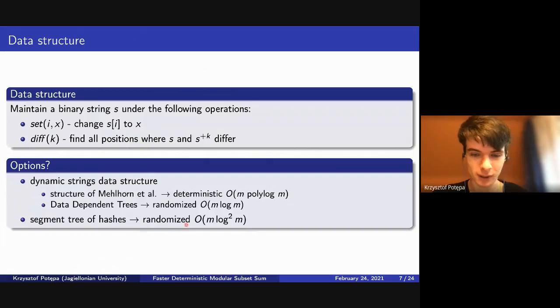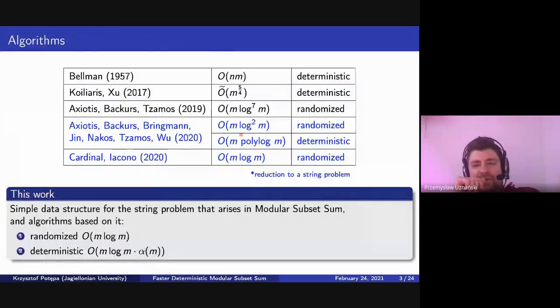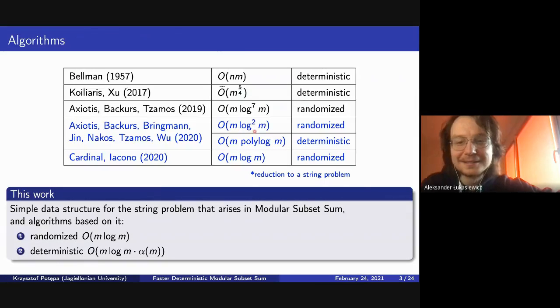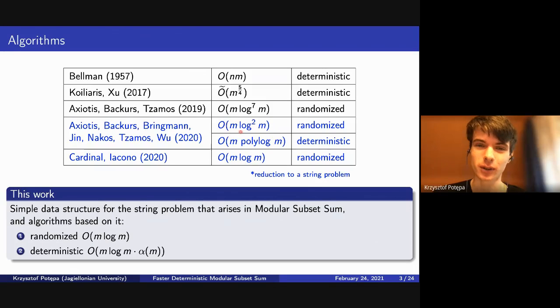I mean, there should be a SOSA squared conference, something for simpler algorithms that were already published on SOSA. The m log squared m algorithm here was actually just using a segment tree of hashes. It's the basis for our algorithm, pretty much. We optimize it. So it's simpler, I believe. The other two use dynamic strings data structures. So yeah.